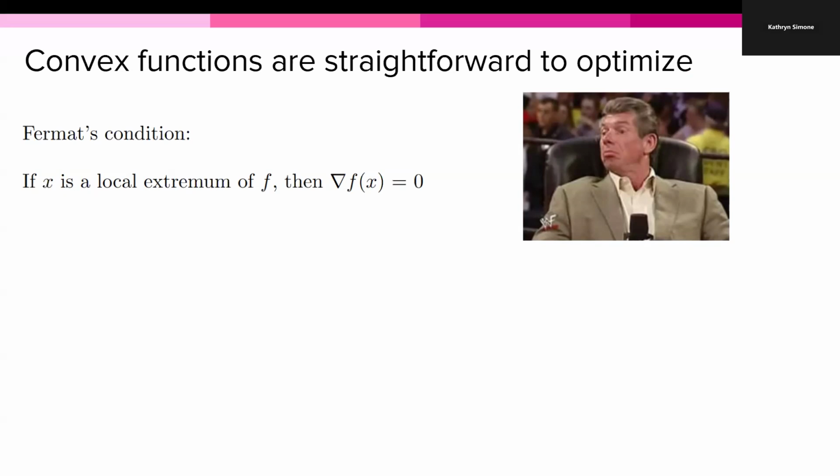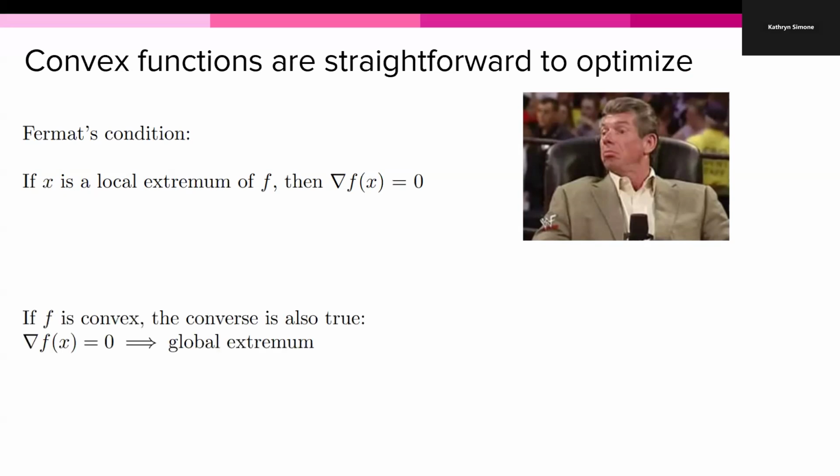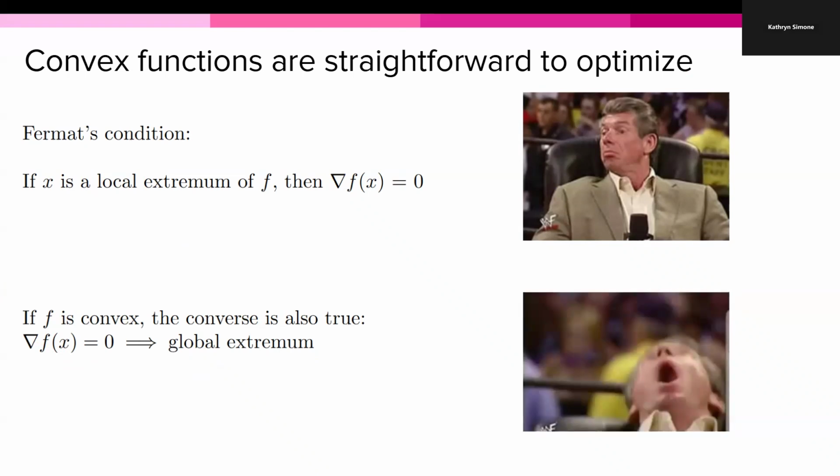But if the function f is convex, then the converse of Fermat's condition is also true. And so if the gradient of f at x is 0 for some x, then x is a global extremum. So if f is convex, we can be assured that where its gradient is 0 is the extremum. And so for optimization problems, that means that if a function is convex, we can be assured that there is a single global optimum.